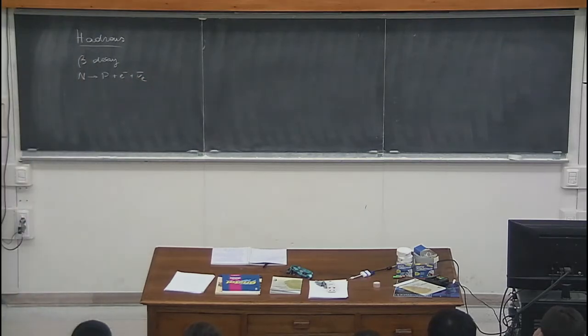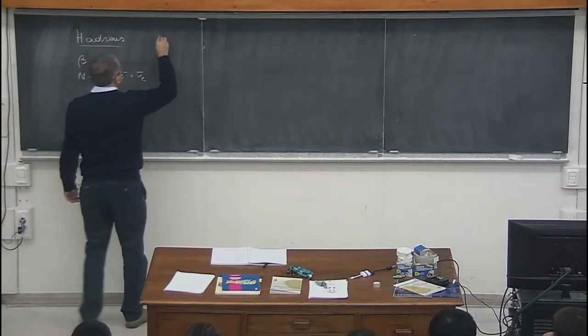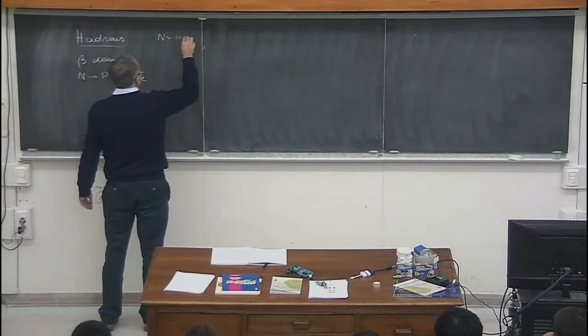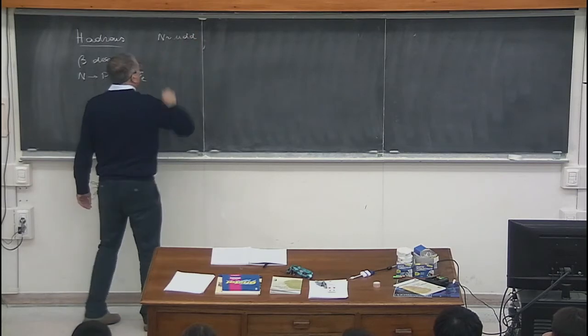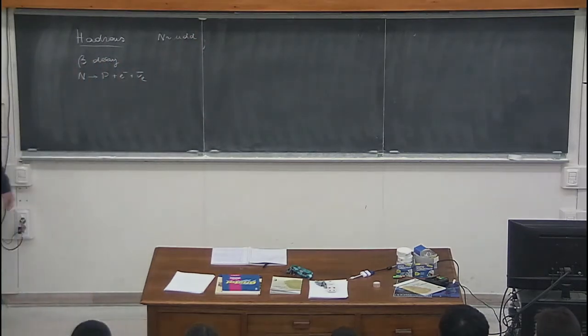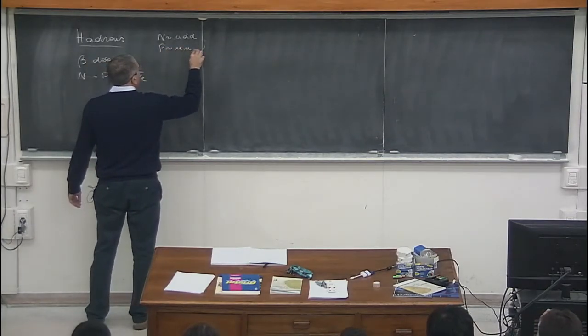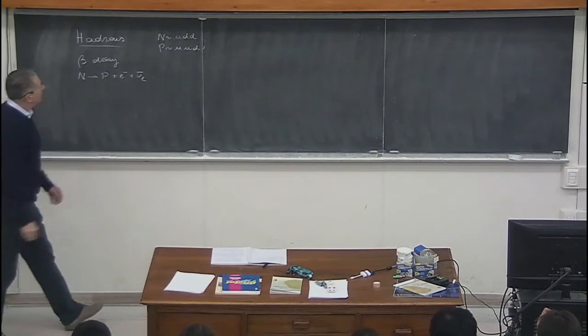But in the context of the quark model, which I assume you all are familiar with, since the neutron has a composition in the quark model which is up, down, down, and the proton is up, up, down.